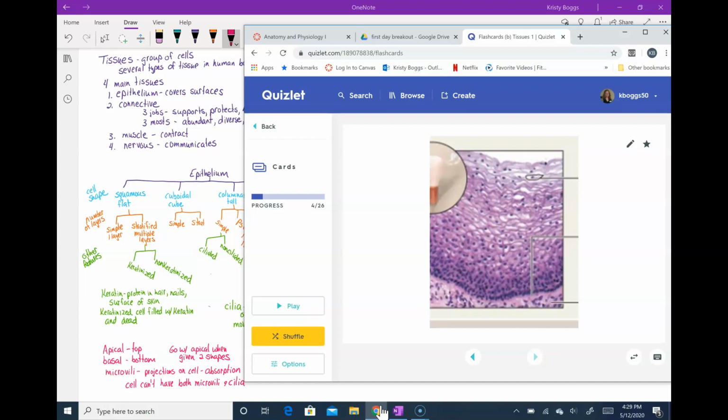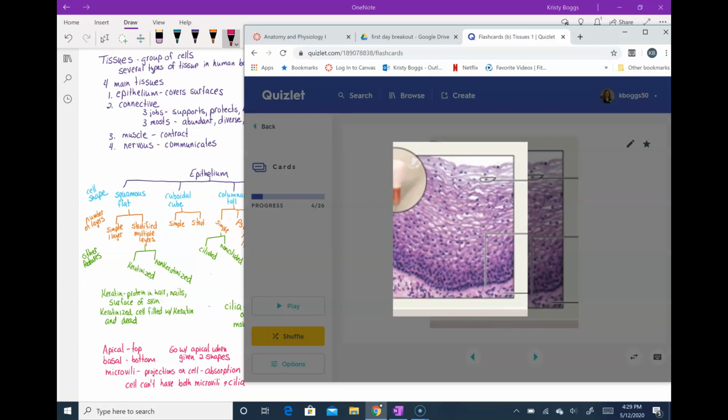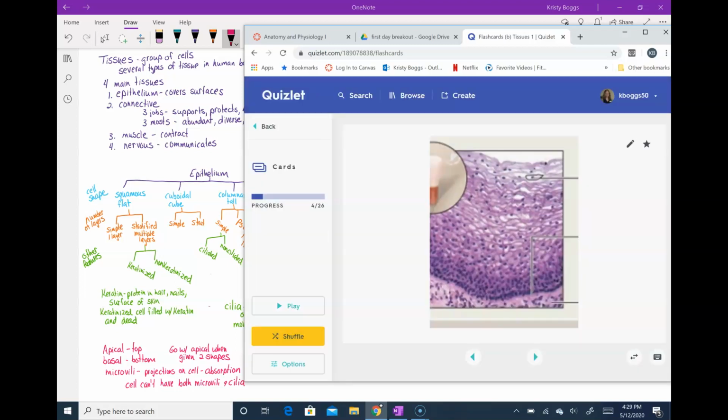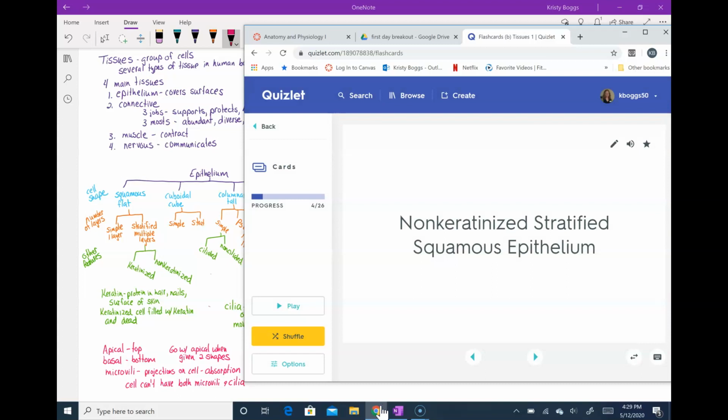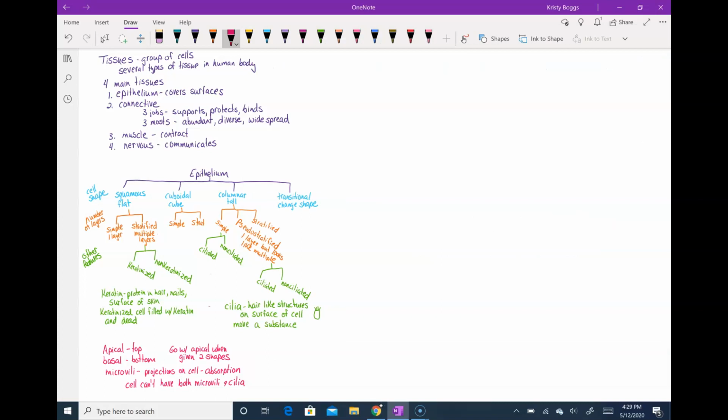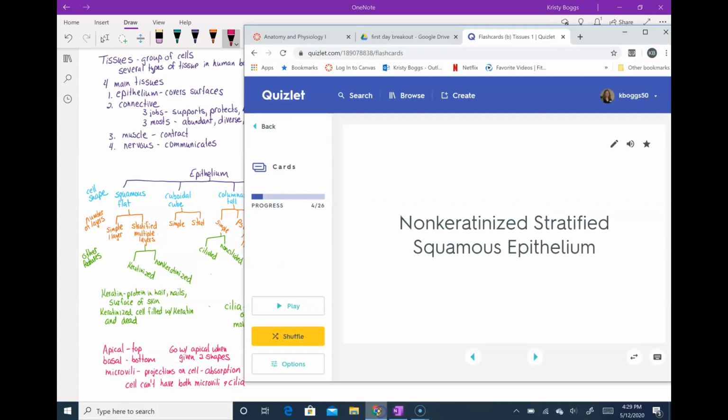That means this cell is not filled with keratin. If it were filled with keratin, all you would see is the keratin that fills it. So this is non-keratinized. So follow your chart: non-keratinized, stratified, squamous epithelium.